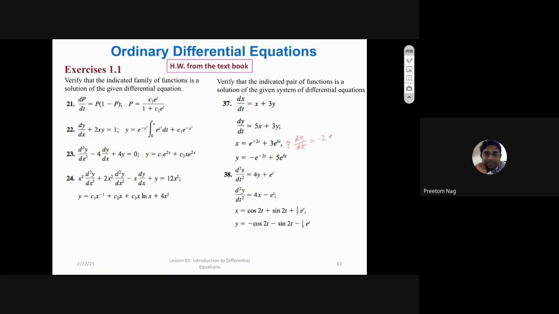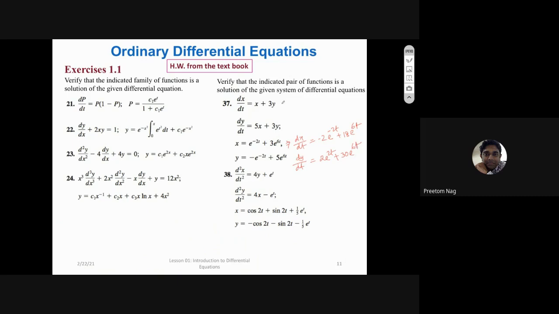Minus 2 e to the power minus 2t plus 3 into 6, 18 e to the power 6t, right? So we have calculated dx/dt, and next we have to calculate dy/dt separately. dy/dt will be minus 2 multiplied, that will be 2 e to the power 2t, right? Plus 5 into 6, 30 e to the power 6t.